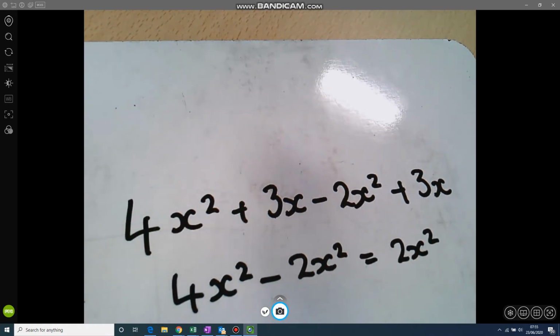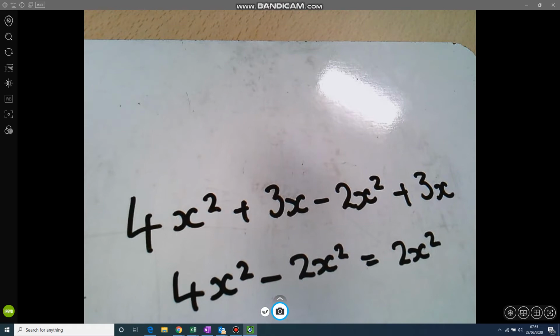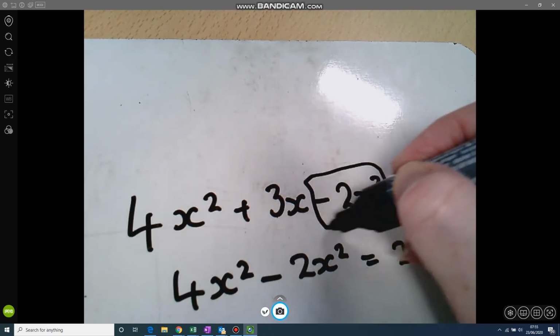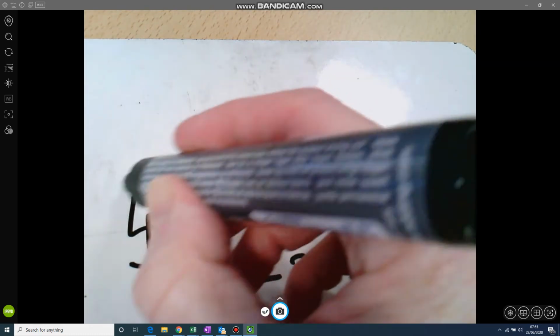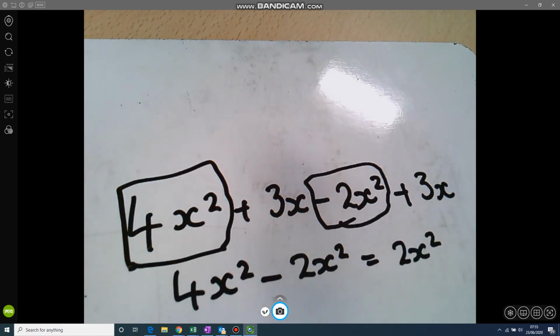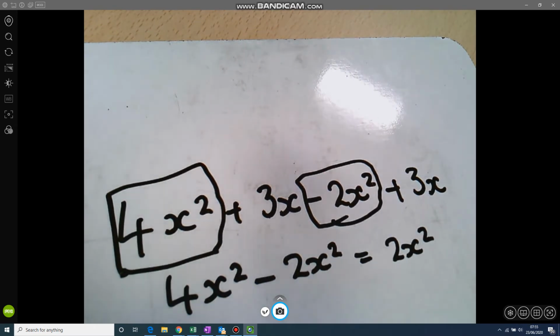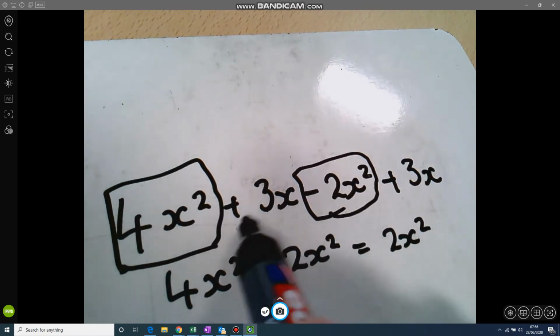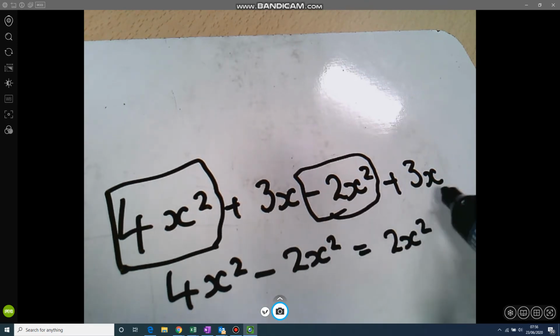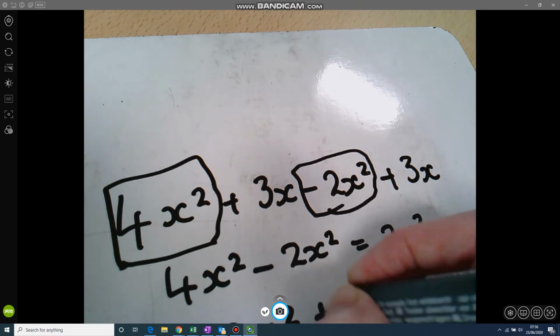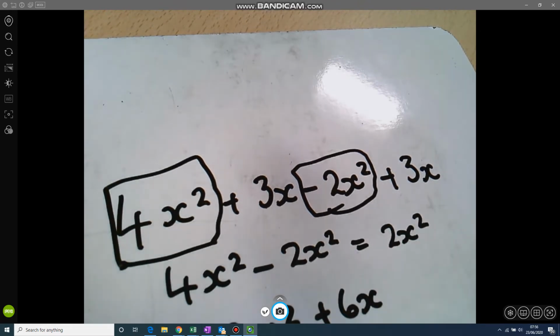So the x squareds just become the like terms, the same as what we've done before with the p's and q's. Then we look at our terms that are left and we find they're similar. So that's our 3x plus 3x, which is 6x. So we end up with 2x squared plus 6x.